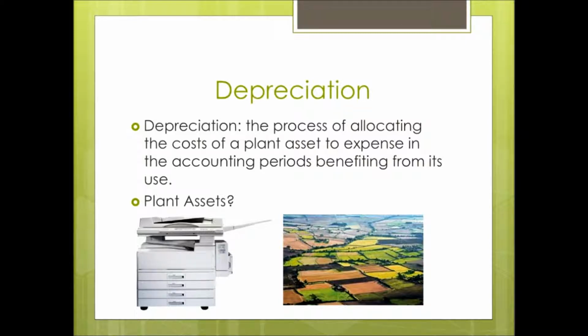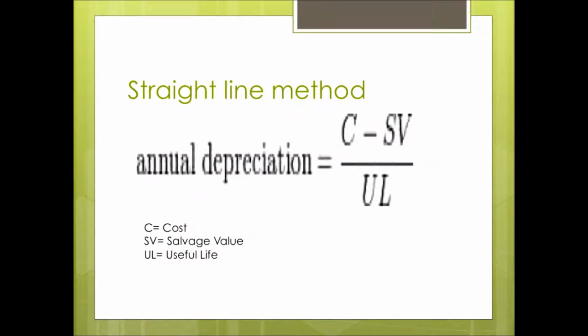Moving on, in order to calculate your depreciation, there's one method that I wanted to go over today, and that's the straight line method. In the straight line method, you have a formula, and to calculate annual depreciation, you figure out the cost minus your salvage value over the useful life. The cost is C in this formula.